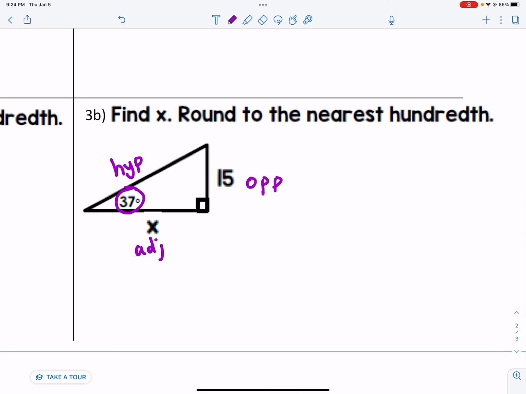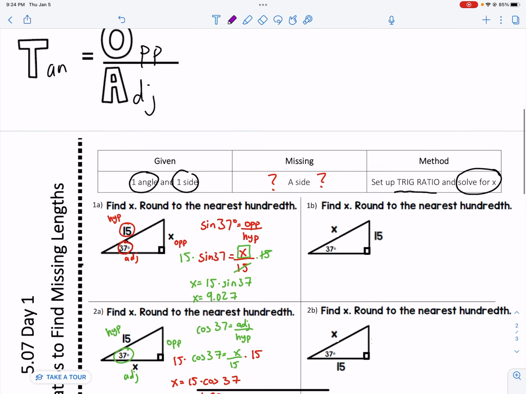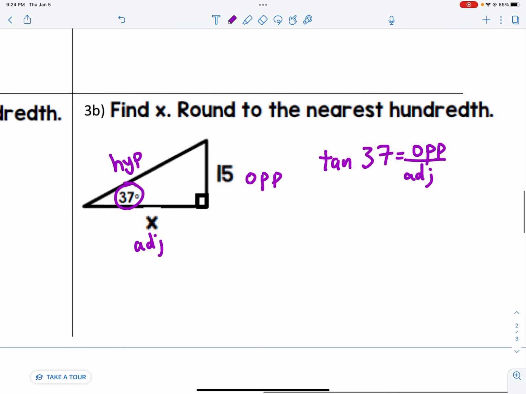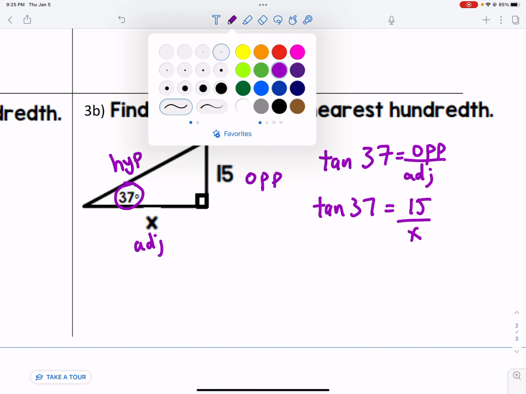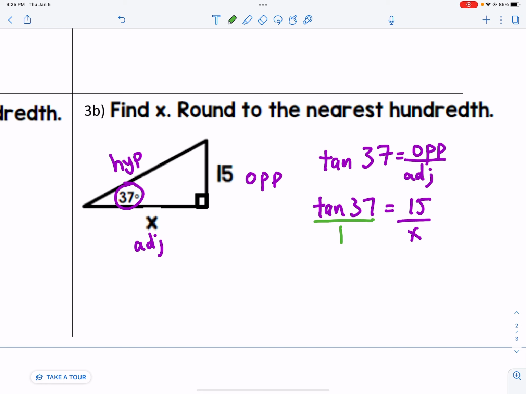So this would be tangent of 37 is equal to opposite over adjacent. Let me double check that is correct. That is correct. So tangent of 37 is equal to 15 over x. Now solving for x, I will have to cross multiply, and I get 15 is equal to x times tangent of 37.